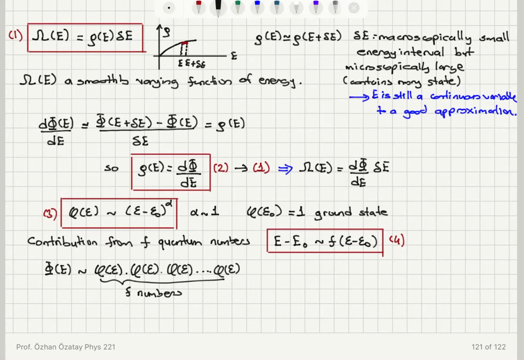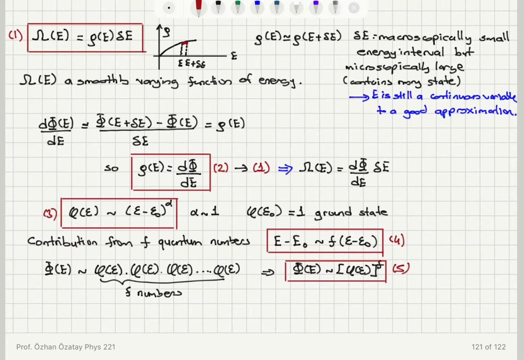So basically you reach the conclusion that the number of states available to the system for total energies less than E will be the total number of possible values each quantum number can have for an energy contribution epsilon, to the power F. So this is our fifth relationship.